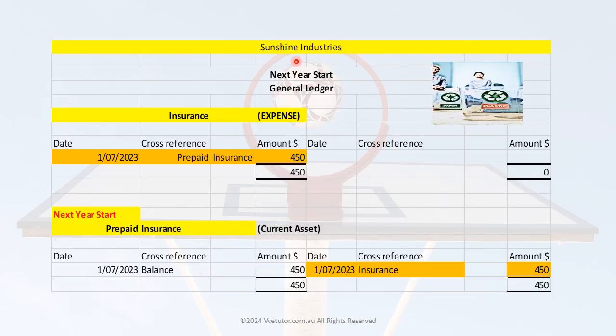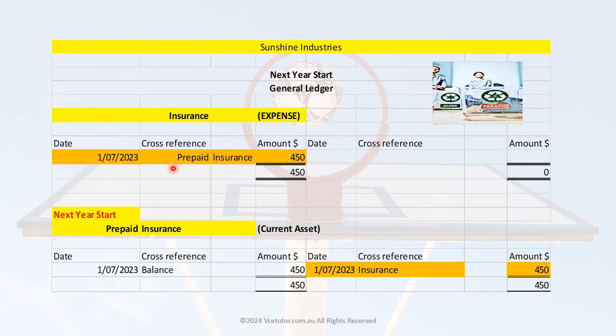When that entry of general journal goes into Sunshine Industries general ledger, in the subsequent period, insurance will get debited on 1/7/2023 450. If you remember, on 30th June this prepaid was on the credit.